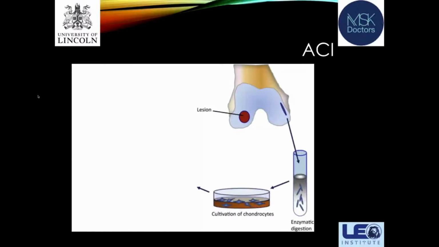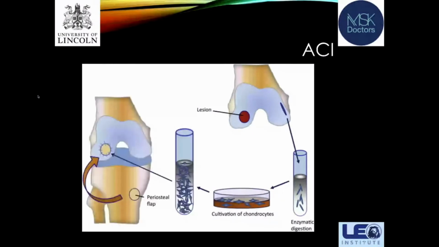We expand them into 6-7 million chondrocytes, and then we have a second surgery 2 to 6 weeks later, and we put it into that hole, fill it, and cover it with something. The old traditional way is to cover it with a periosteal flap. By doing that, there are some good results shown, and this is proper cell therapy because, as I said to you, there's only one thing that can create cartilage, and that is the chondrocyte.